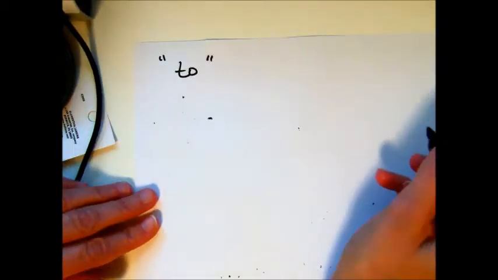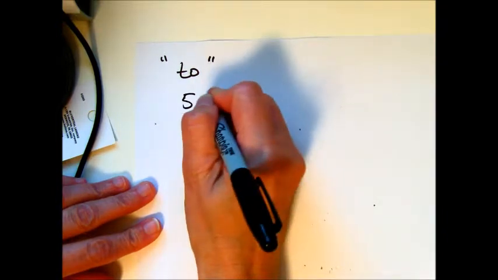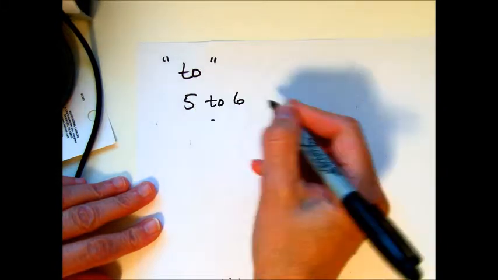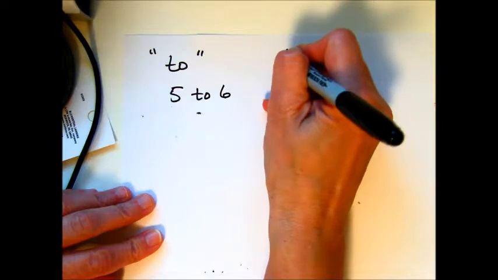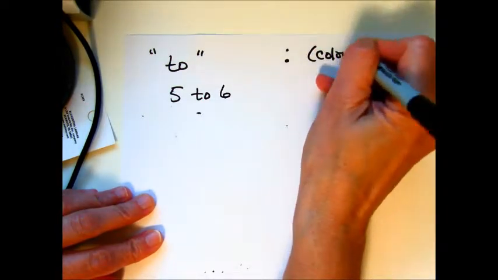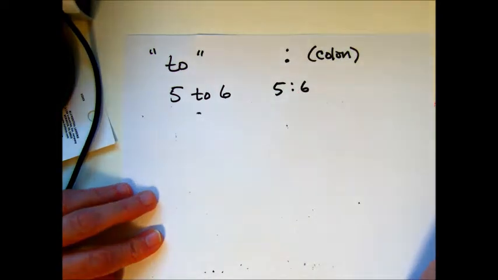Say we have 5 girls to 6 boys, 5 to 6. Well, we could also use a colon. So you could write it as 5:6.